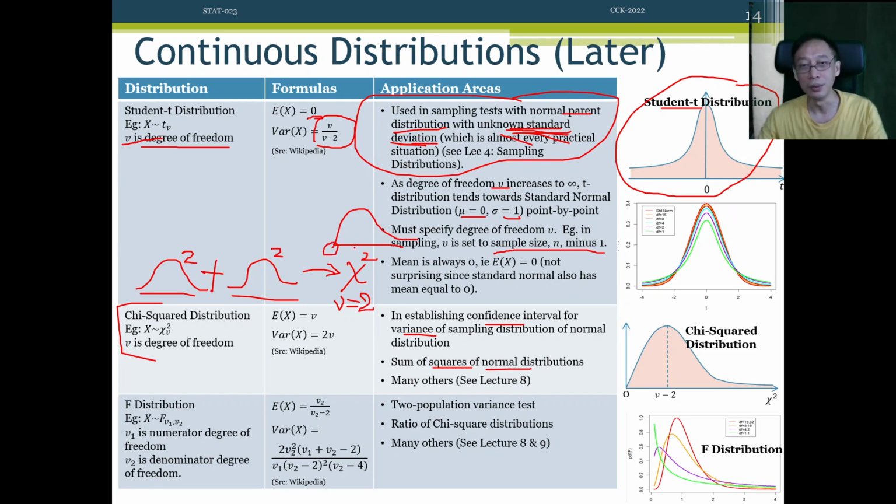And it starts from 0. Remember our normal distribution is from minus infinity to infinity. When you square it, it's going from 0 to infinity. And then you sum them together, you will get 0 to infinity, but in a curve that is looking rather non-normal like this. Okay, so that's one example of chi-square.